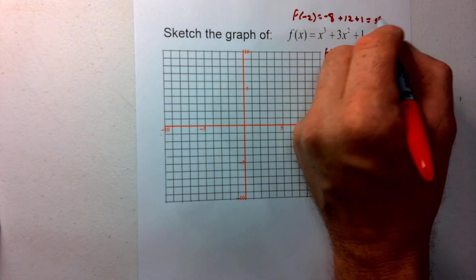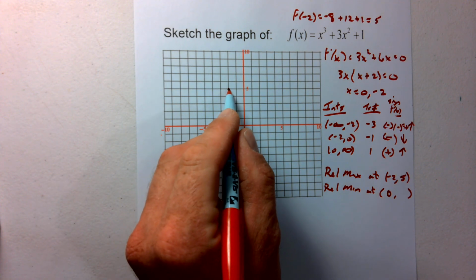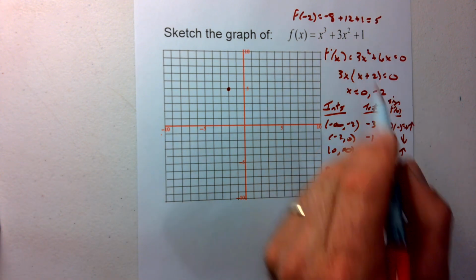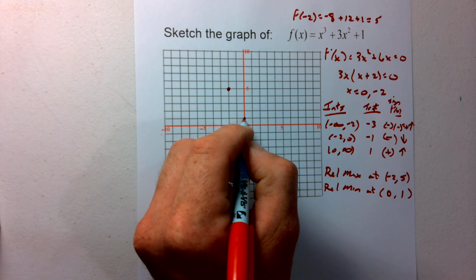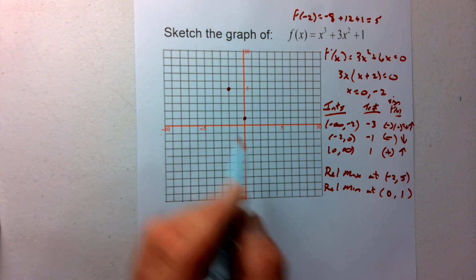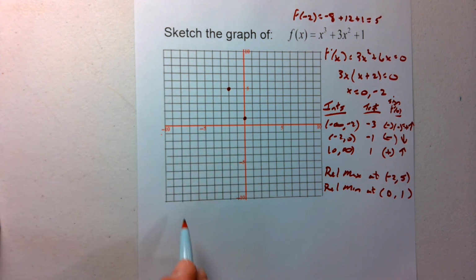So that gives me 5. So I get a point negative 2, 5. Come over here and plug my point in, negative 2, 5. If I plug in 0, I get 0 plus 1, or 0, 1. And that gives me my 2 points for the relative max and relative min. So I know this is the highest point in this region. This is my lowest point in this region.